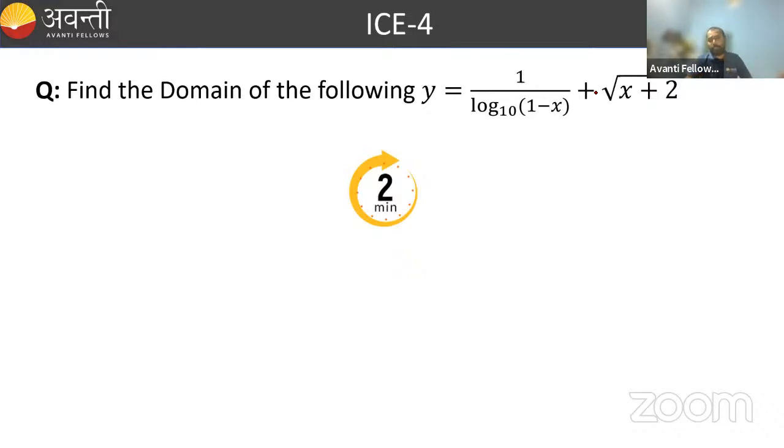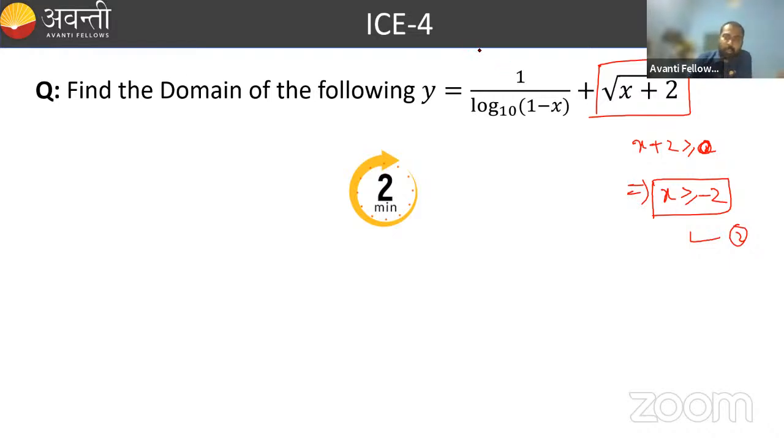So for this function to be defined, x plus 2 must be greater than or equal to 0, right? So x plus 2 greater than or equal to 0, that means x is greater than or equal to minus 2. One solution you got for the second. And for this function to be defined, so what should you do?